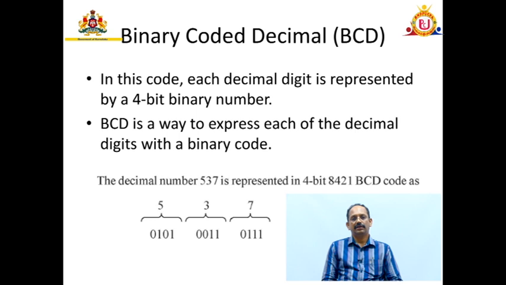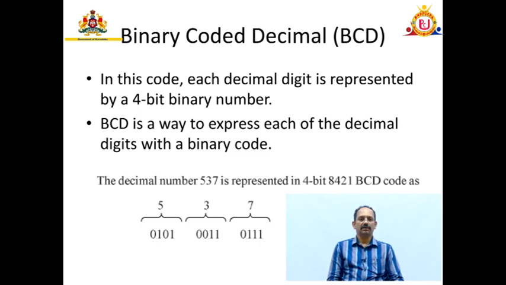The 4-bit length binary number can produce 16 combinations, and it can be used to represent 16 different values. But in numerical, only 10 values are there. Therefore, though there is a provision for 16 combinations of BCD code, out of 16, only 10 BCD codes are used to represent decimal values in BCD code.